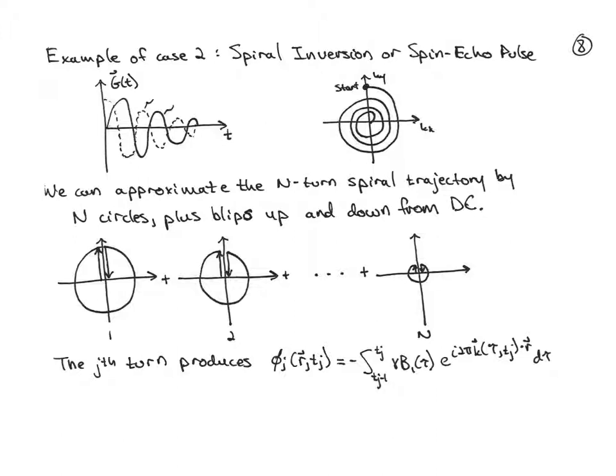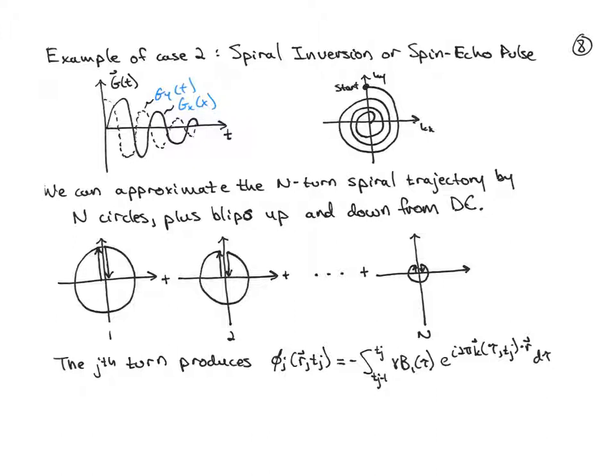So let's say we have a gradient trajectory that looks like this. The dashed lines here are gy, and the solid are gx. They trace out a k-space trajectory here on the right.